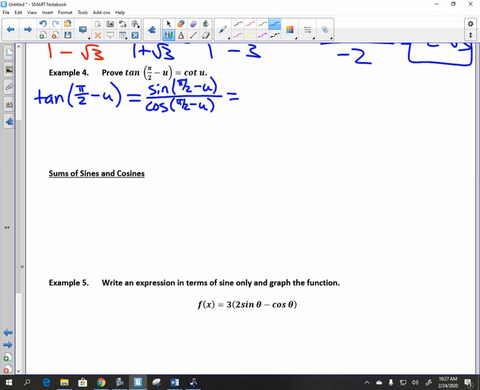Let's expand our sine formula. I get the sine of pi over 2 times cosine of u, plus or minus?